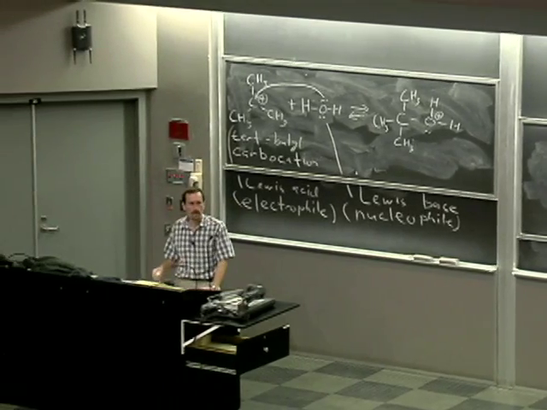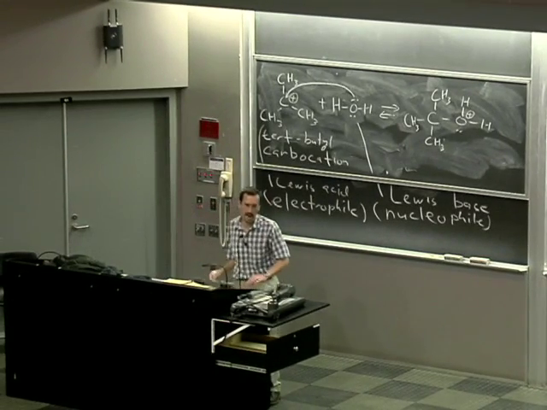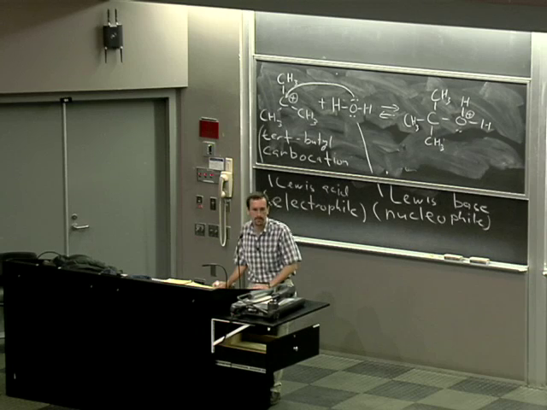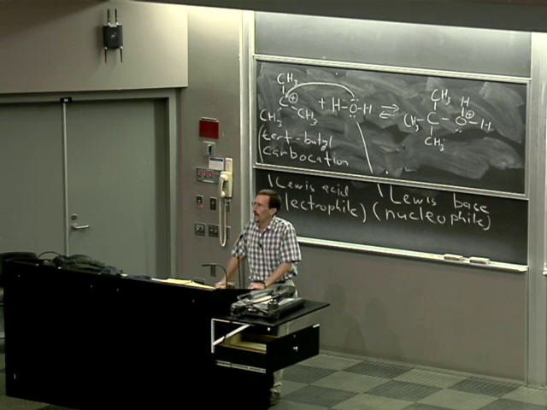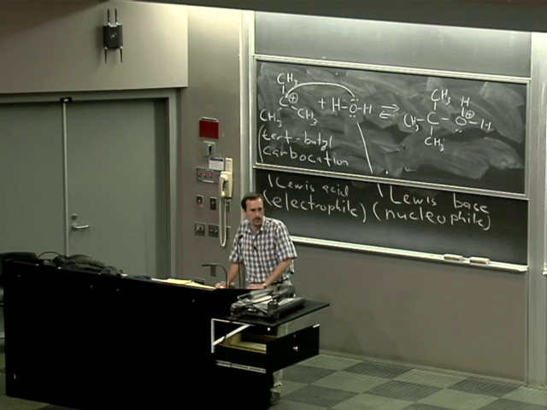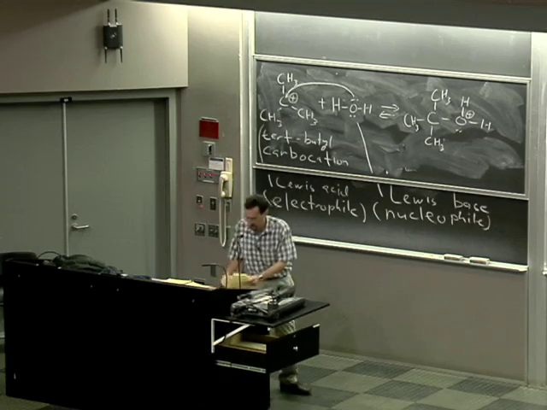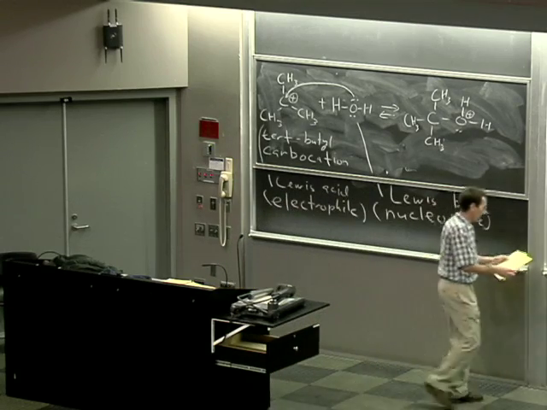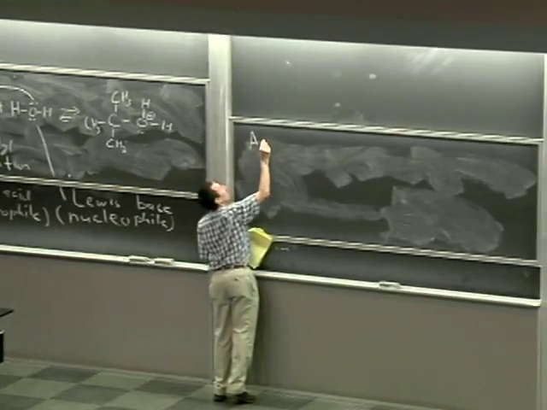Let us now use this one reaction and use the concepts of acid-base chemistry to look at a complete organic reaction mechanism. We're going to look at the reaction mechanism for acid-catalyzed alkene hydration.